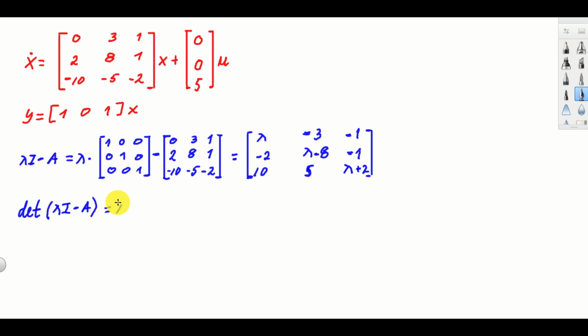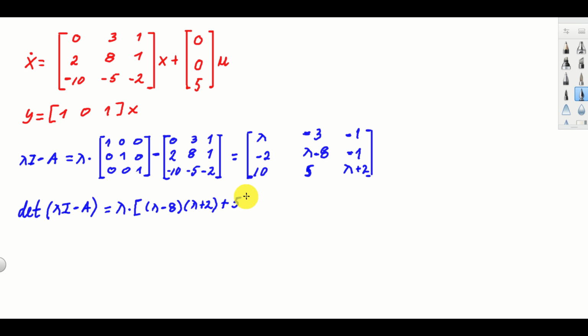We have lambda multiplying, then we have this entry multiplying this entry, so we have lambda minus 8 multiplying lambda plus 2, and then we have minus this entry multiplying this entry. Since over here we have minus 1, multiplying minus 1 becomes 1, so we have 1 multiplying 5. So we have over here plus 5. Okay, so let's continue.